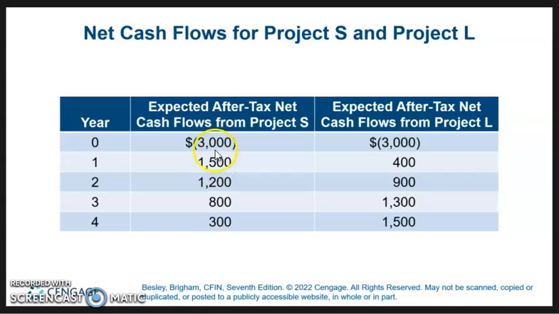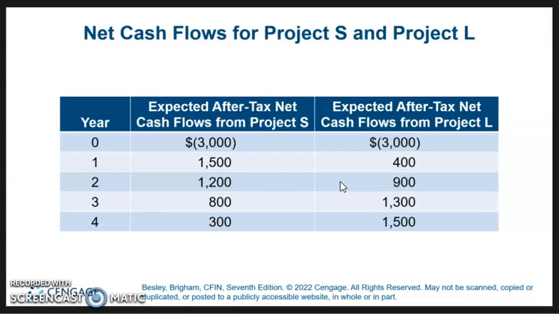But you can see that project S has cash flow that is front end loaded, as opposed to project L. The cash flows are back end loaded. This is going to impact our decision, because our required rate of return will impact our decision as well.